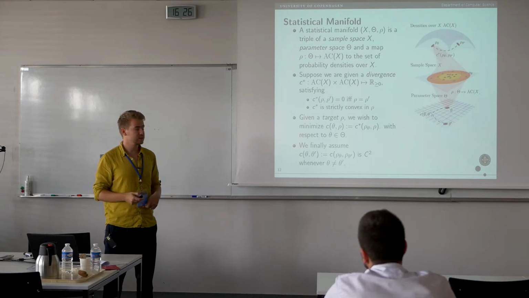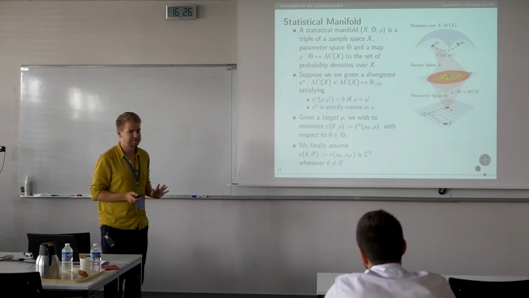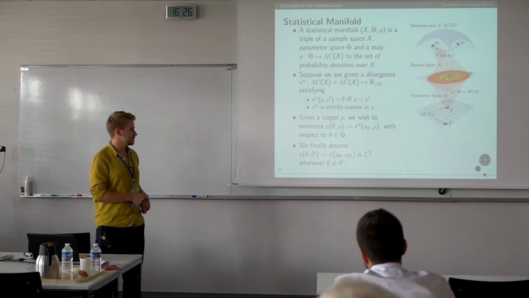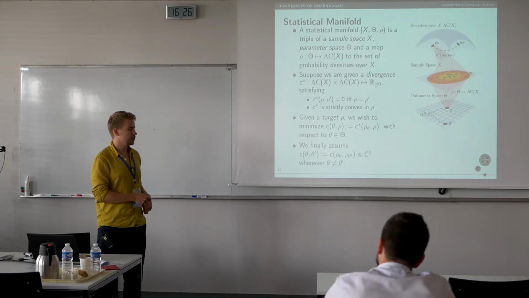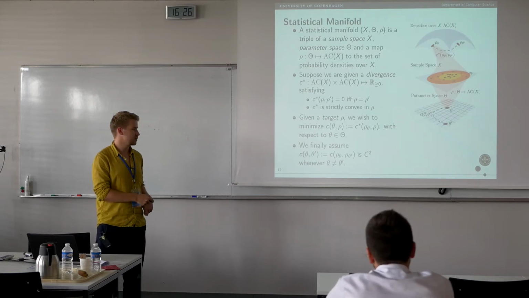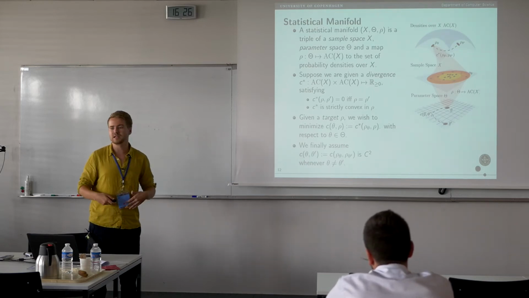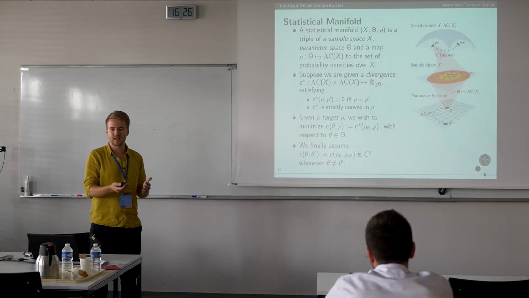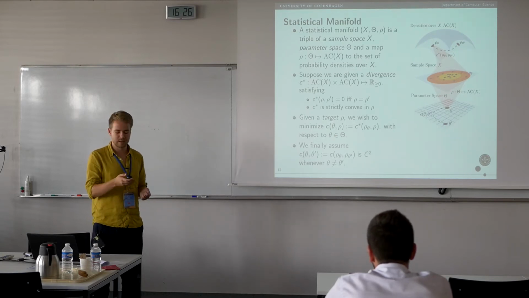And finally, for a technical detail, we will assume that the similarity measure between two parameters should be C2 whenever theta is not the same as theta prime. But when theta is theta prime, then it should still be twice differentiable. It just doesn't have to be continuous, the differential.